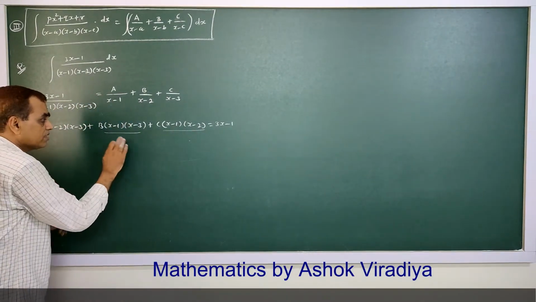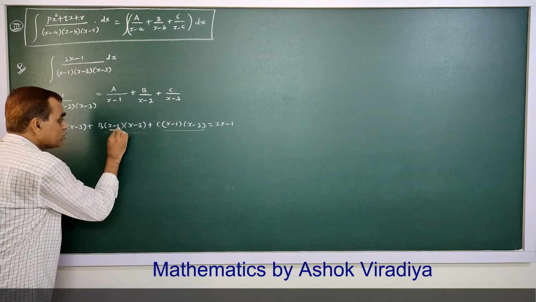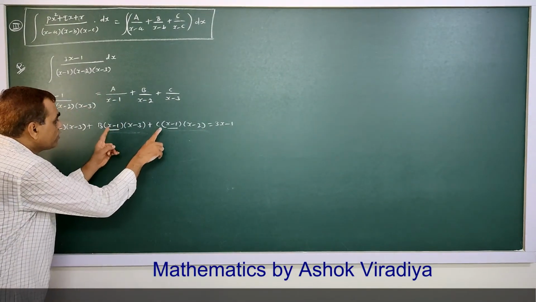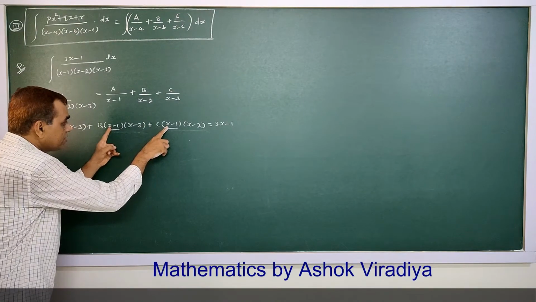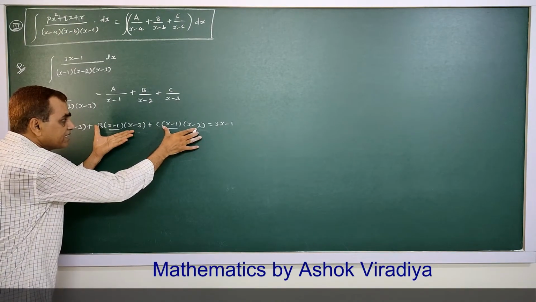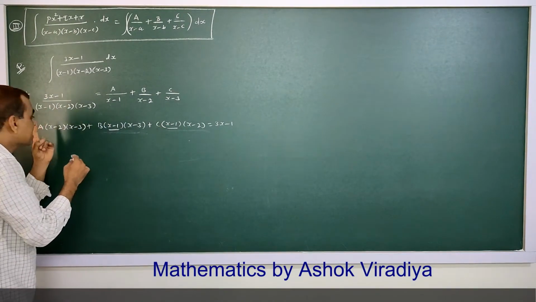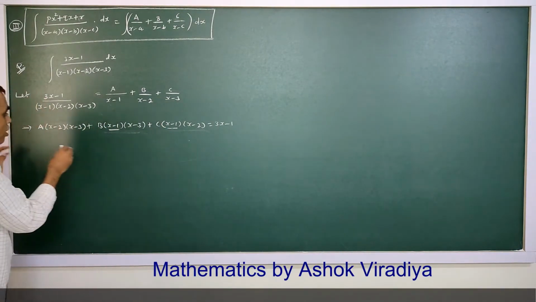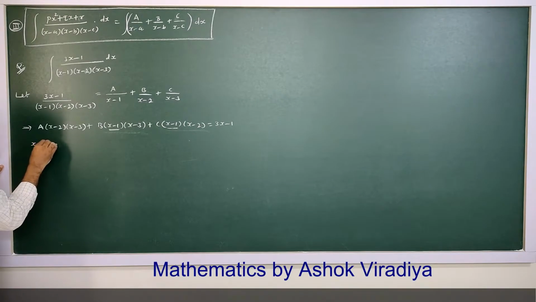In these terms you can see that x minus 1 is common. So if I take x equal to 1, these terms will be eliminated and the direct value of a can be obtained. Because x minus 1 is common here, take x equal to 1.